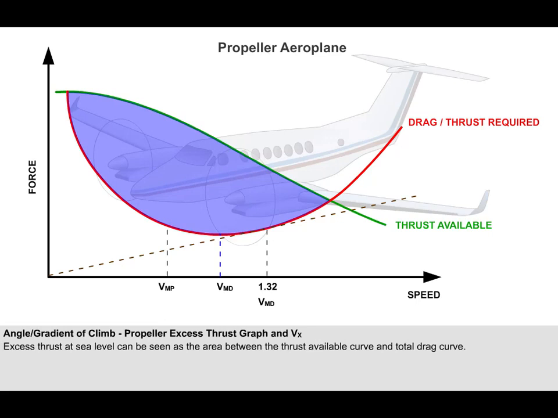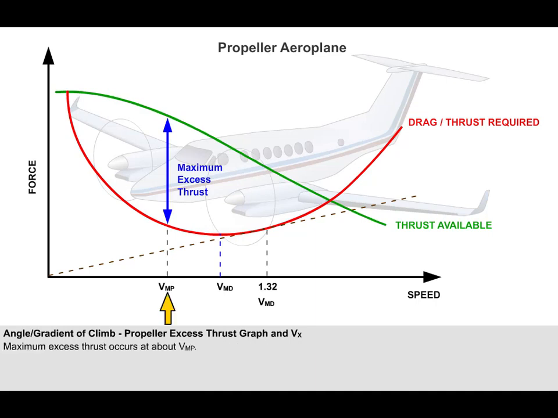You will recall that to maximize the angle of climb, excess thrust available must be at a maximum. This is the case where the distance between the thrust and the drag curves is the greatest, as shown here. Notice that maximum excess thrust occurs at this speed.